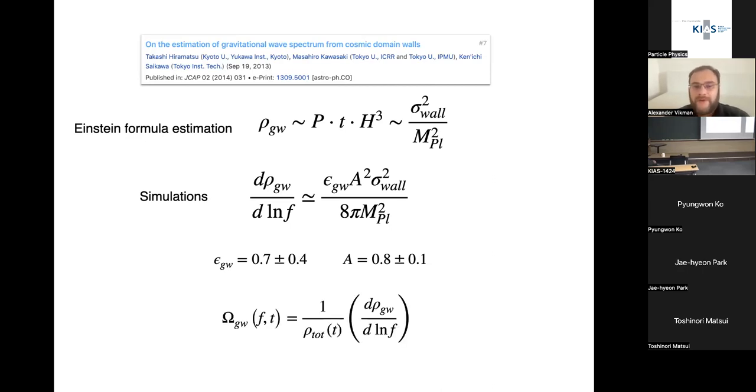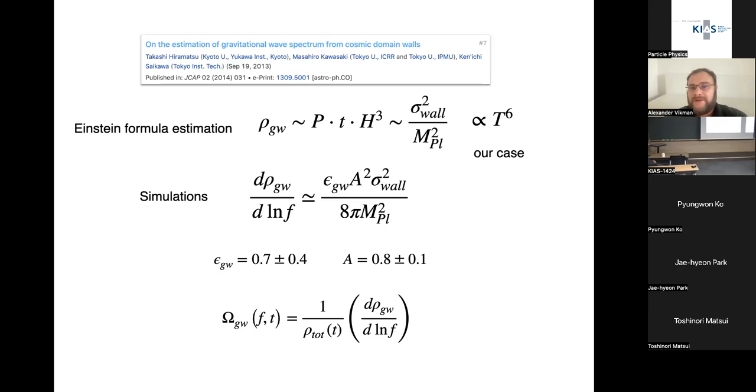Now if we go to what is called the normalized spectral density, so d rho GW by d log f, and 1 over the total energy density, we can estimate where the maximum is and how it looks.